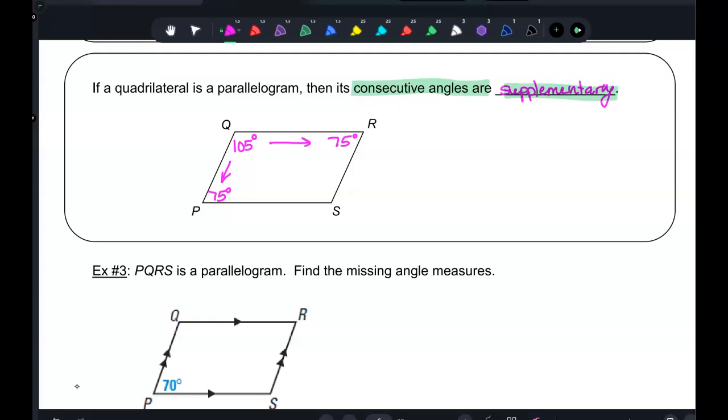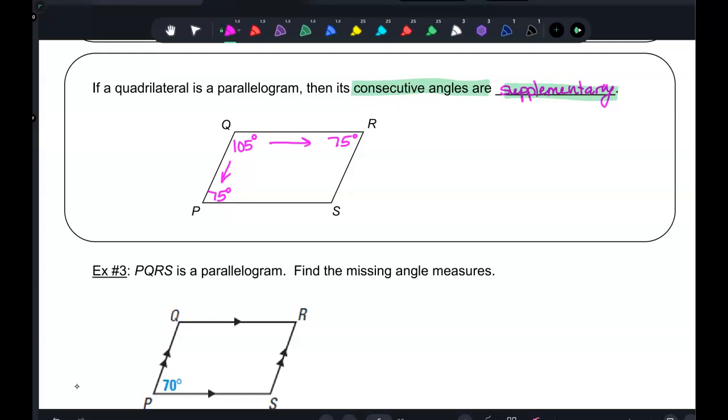So this would have to be 125. Doesn't a parallelogram have parallel lines? These are also same side interior. So what's the difference in knowing if it's supplementary or congruent?